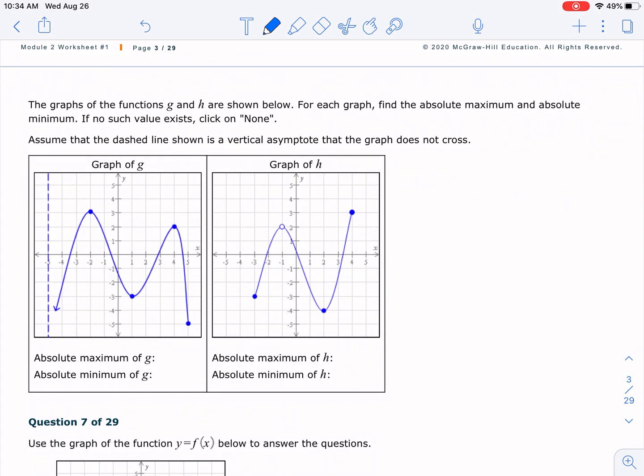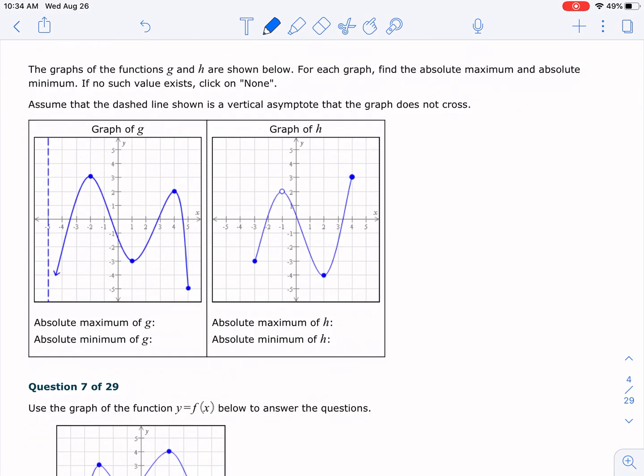Okay, so for number 6, they're asking you for the absolute max and the absolute min. So you see right here for the first graph, the graph of G, the absolute max is right here. Once again, they're asking you for absolute max values, so they're asking you for the y values.